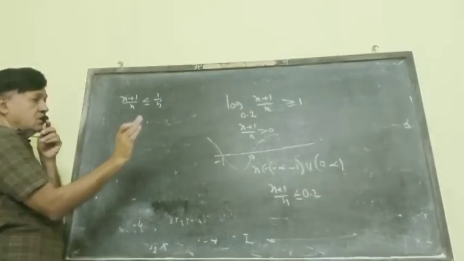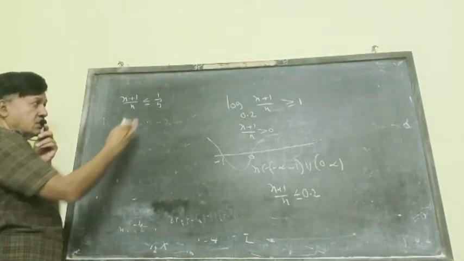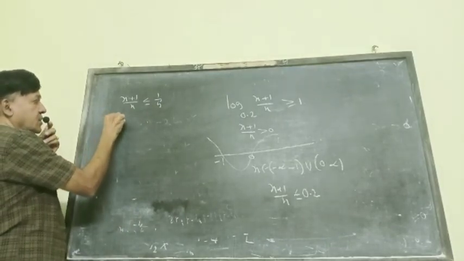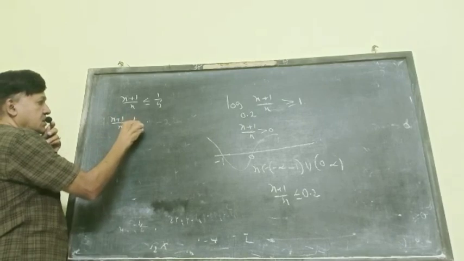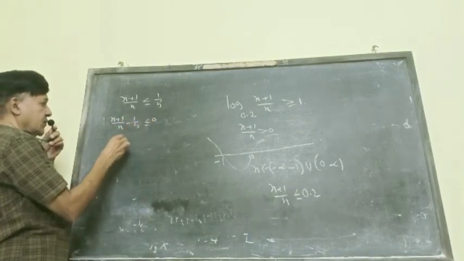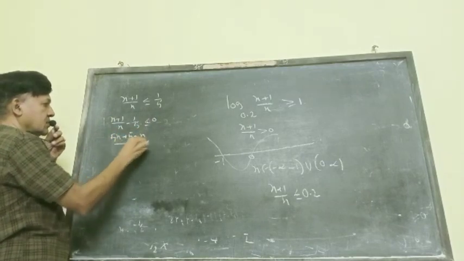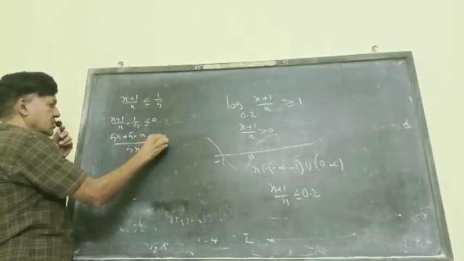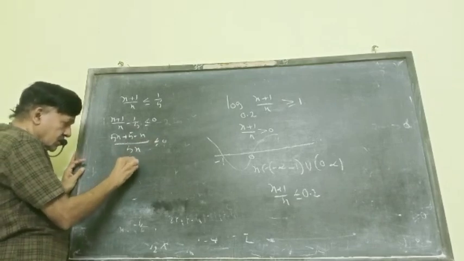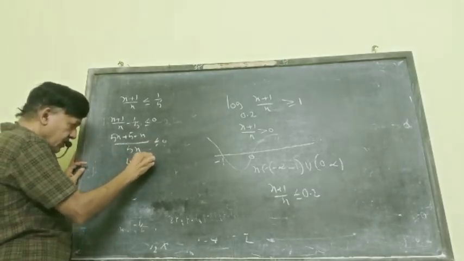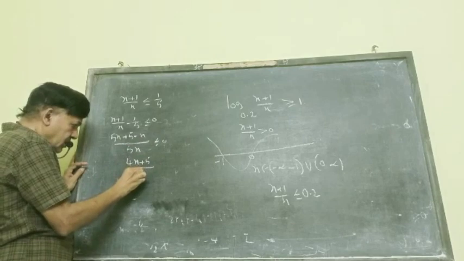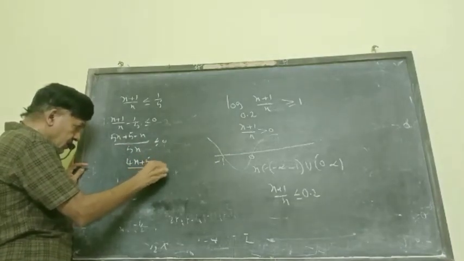When you get like this, I told you should not blindly cross multiply, bring everything onto one side. X plus 1 by x minus 1 by 5 less than or equal to 0. So 5x plus 5 minus x by 5x, like this. So 4x plus 5 by x less than or equal to 0.